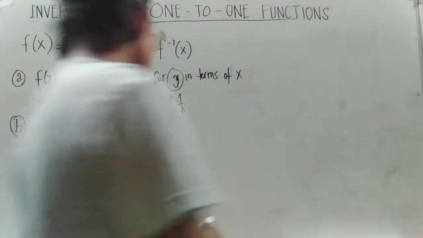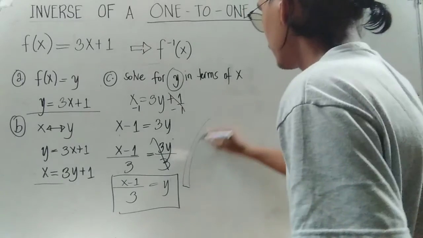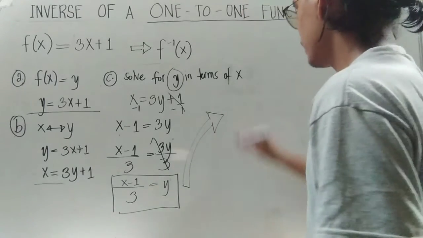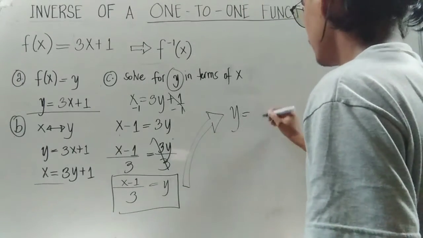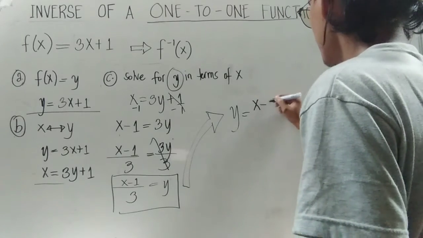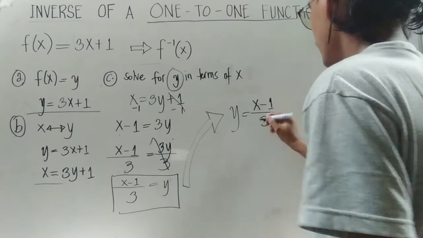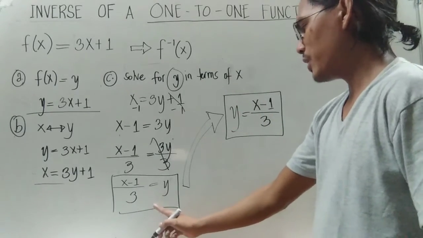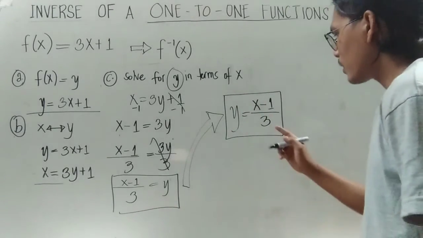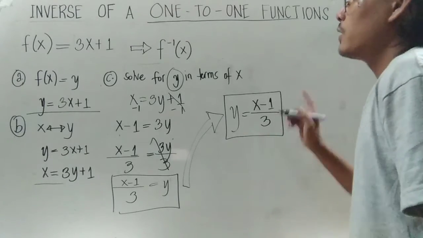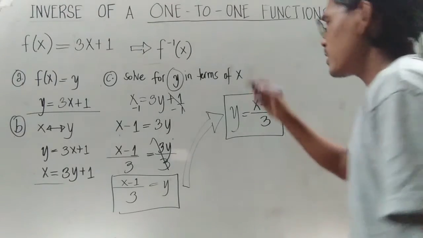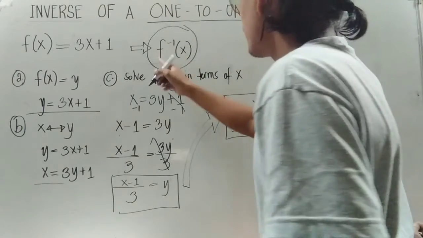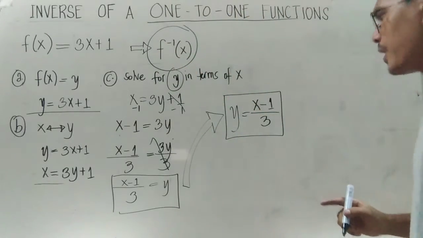Or putting it, we have y is equal to x minus 1 over 3. So this answer will be accepted, but this is the most correct way of writing your inverse of the function. So this is the form of your inverse of f of x.